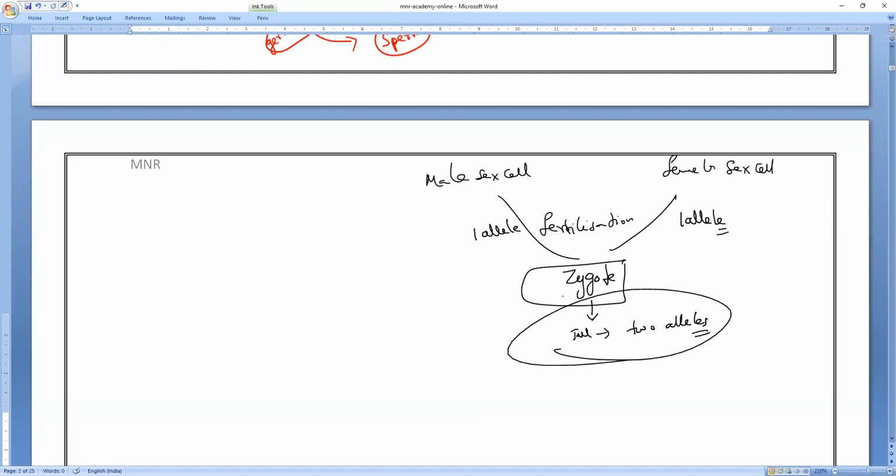Once they form the zygote, one allele from the father gamete and one from the mother gamete, they again get two alleles for each character. That is how the DNA of the species is transferred and how it gets stability.